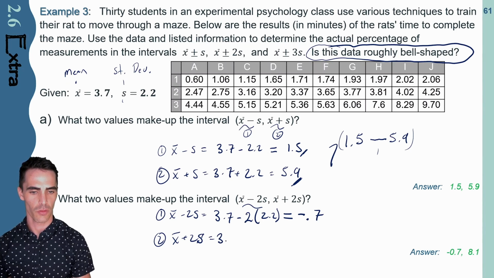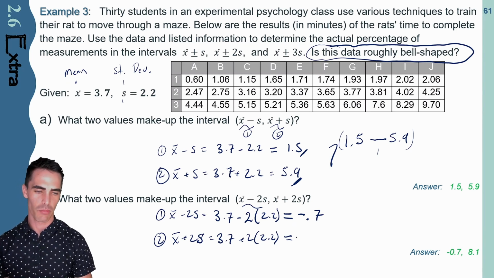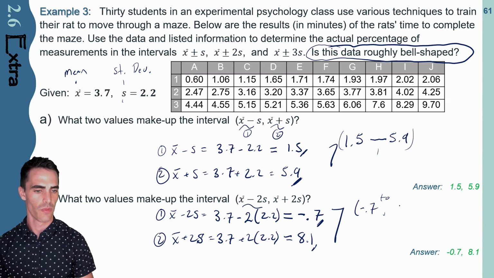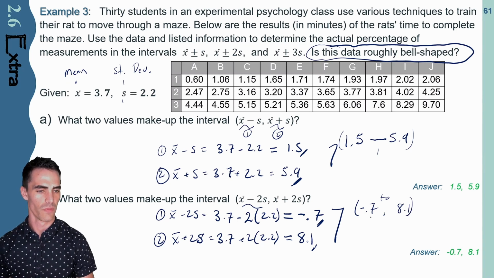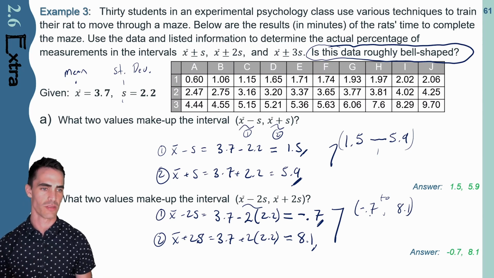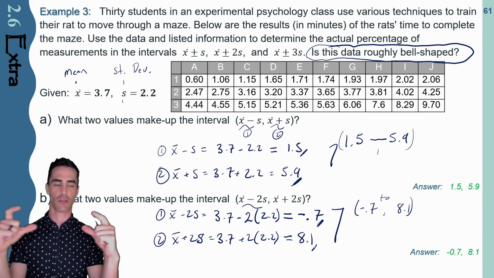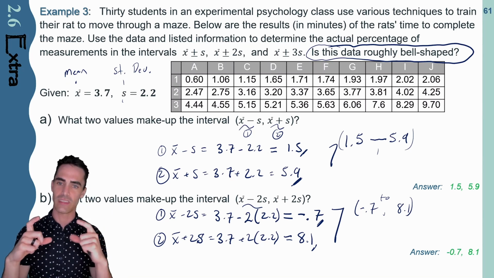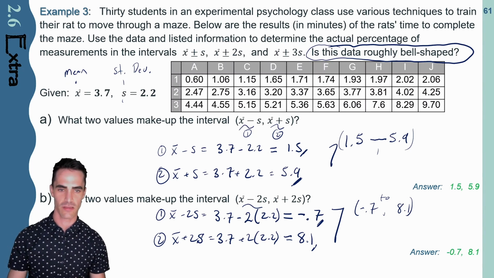That should be equal to 3.7 plus 2 times the standard deviation of 2.2. Again, I cheated, did it beforehand. That should be 8.1. These are my 2 endpoints that make up that interval. So if I put this together, I should end up with negative 0.7 all the way to 8.1. And these are my 2 endpoints. You can think about these like I'm trying to capture as much data as I can between these 2 endpoints, almost like fences that we've talked about in the past.